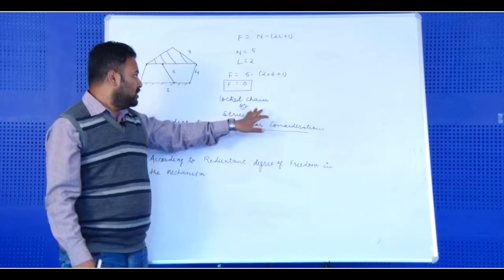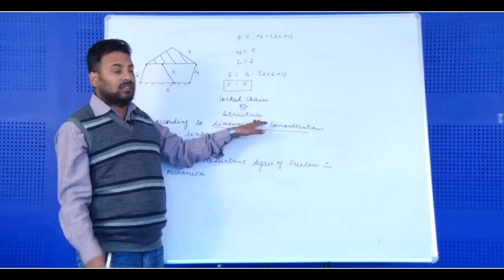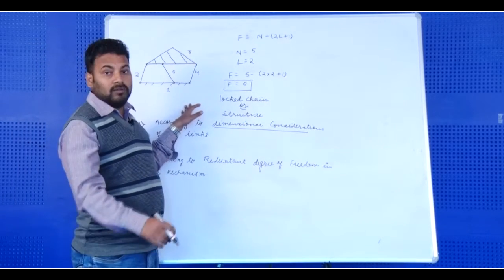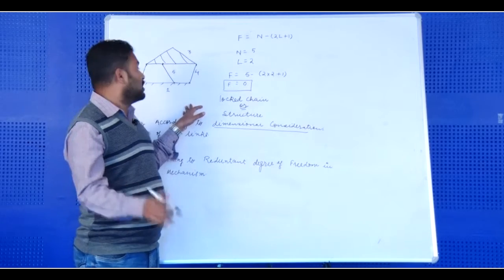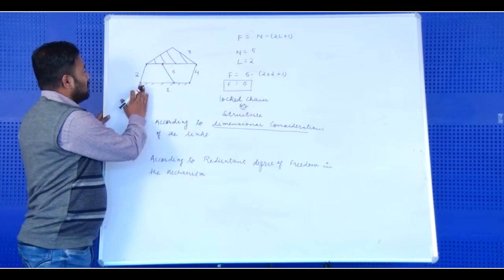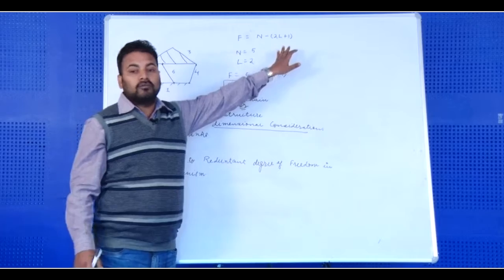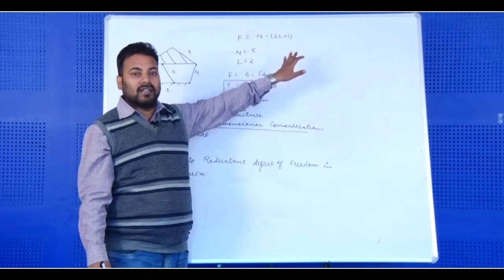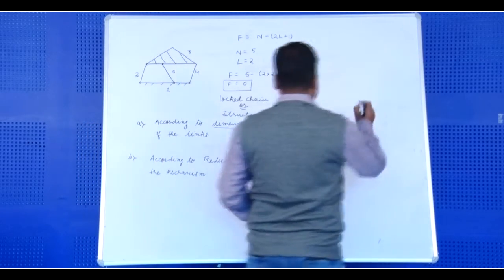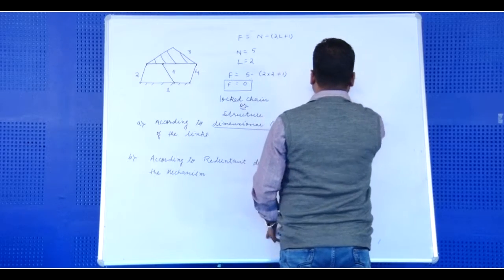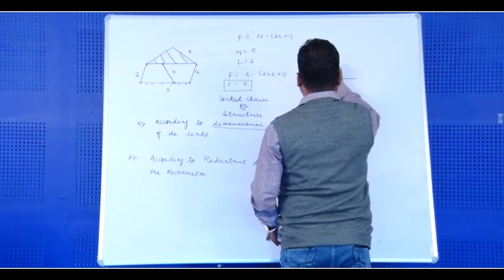So, such types of chains are called locked chains and structures. Now, we shall go for the exception. What kind of exception we may experience while handling this mechanism with the help of this formula or the Kutzbach criterion. Now, if the links are arranged in this way, let me draw the diagram.